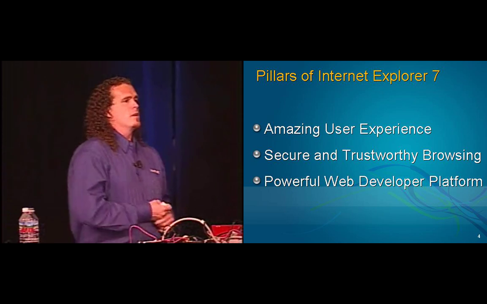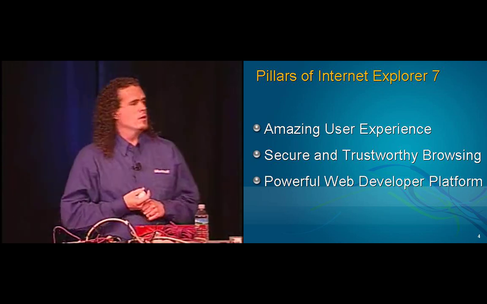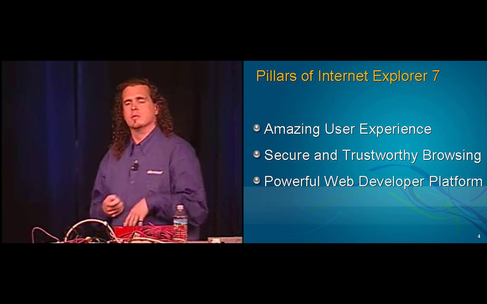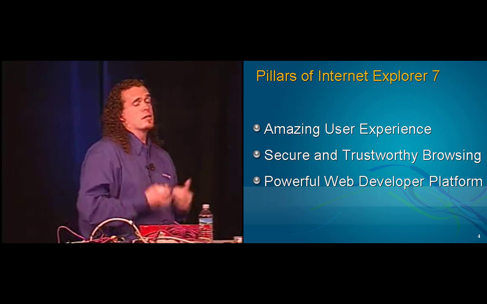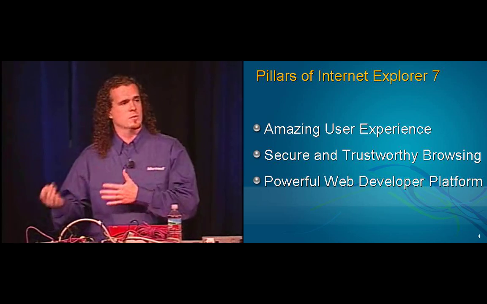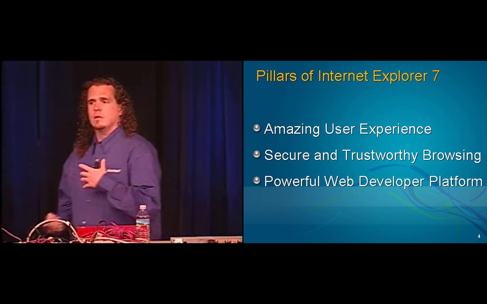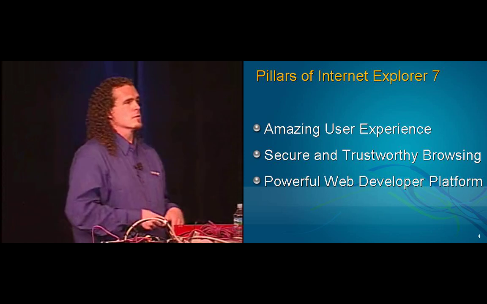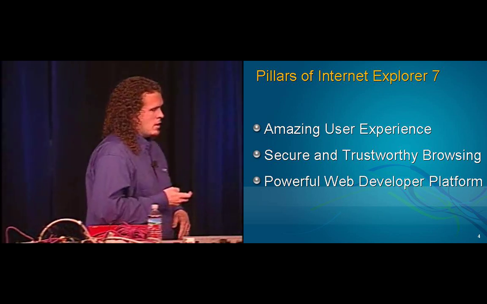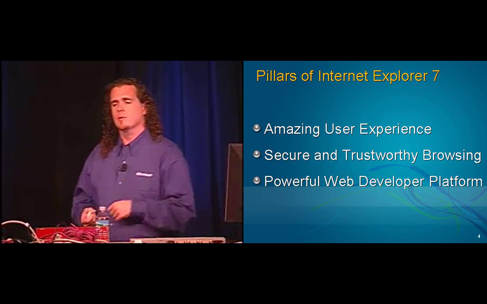So when we started thinking about Internet Explorer 7, we thought of it really in terms of three pillars in the abstract. The first one is providing an amazing user experience, not just the work that we've done. I think we've actually done some really great work, but also in the extensibility and the plugins that people use to extend IE's user experience. Secondly, providing secure and trustworthy browsing.